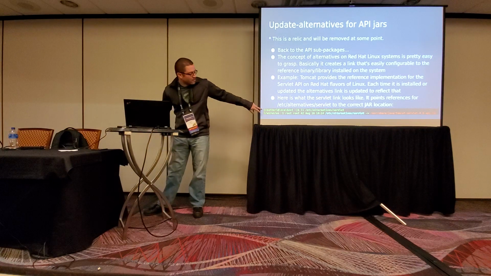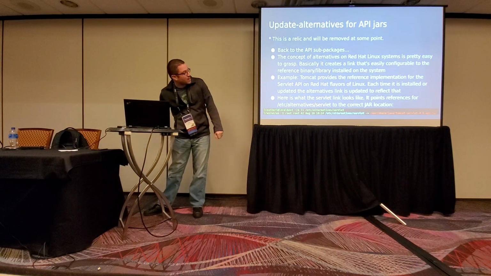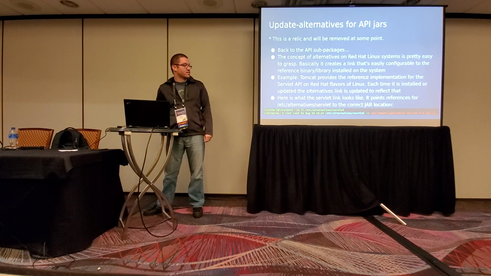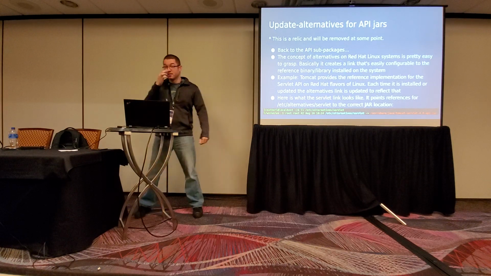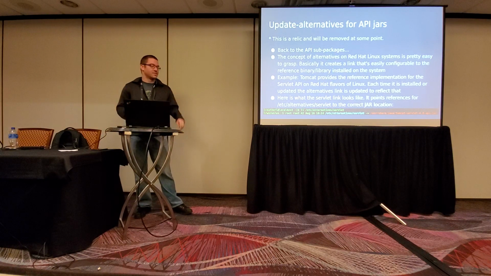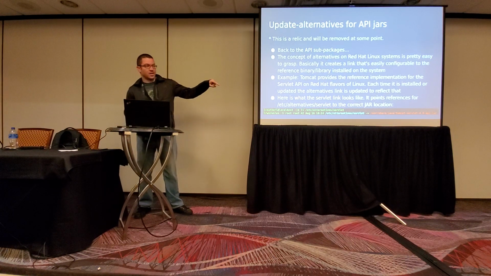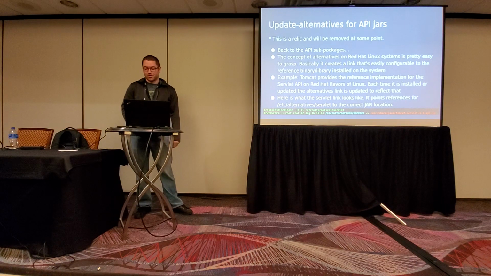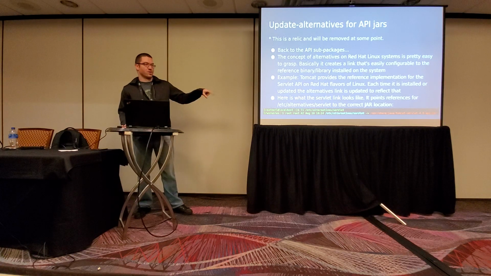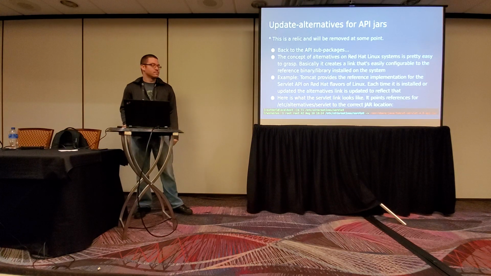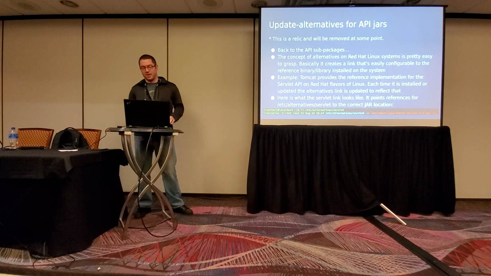So you can see down here, whenever we install the Tomcat package through Yum, there are a few steps in the install phase that create servlet alternatives that point to the servlet API jar for Tomcat. So if you wanted to, you could install just the servlet API jar, and then reference that in your application, and the system would know where to grab the servlet API jar from. But that is a legacy thing at this point, and I think I've confirmed that I can't remove it because I don't know that anybody uses it.